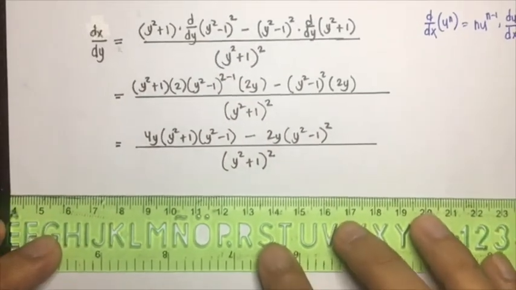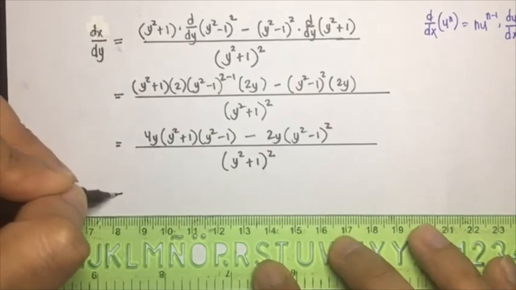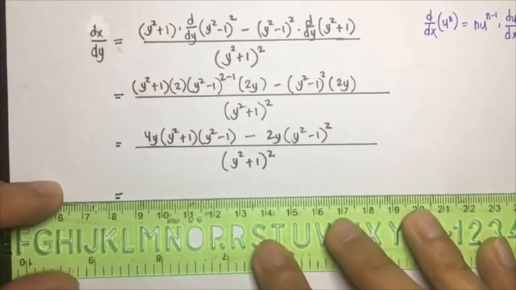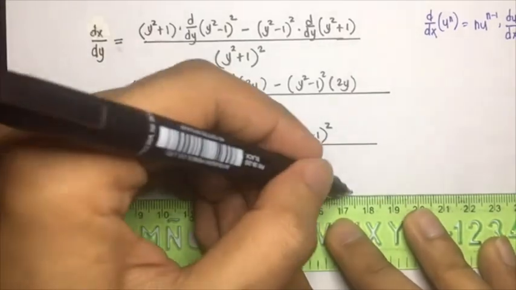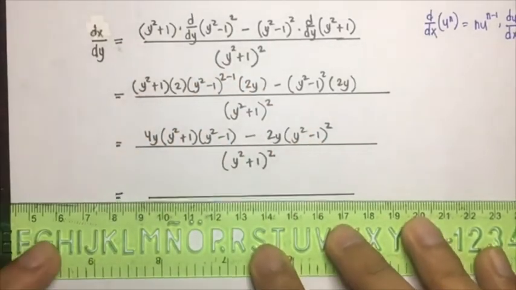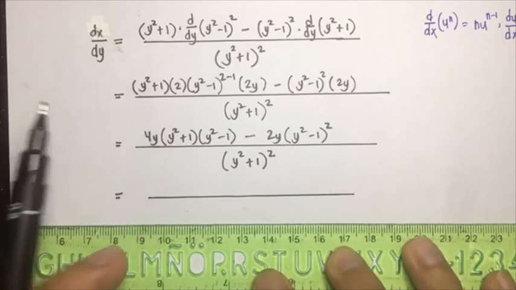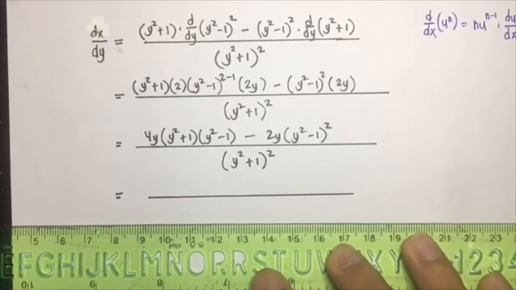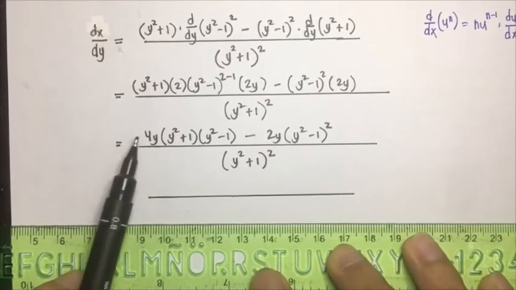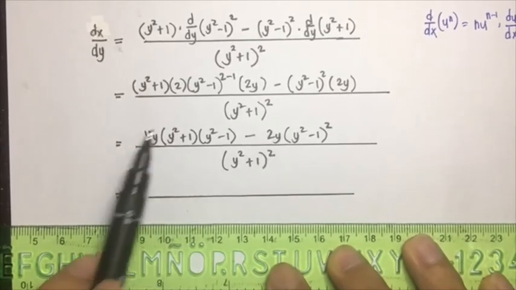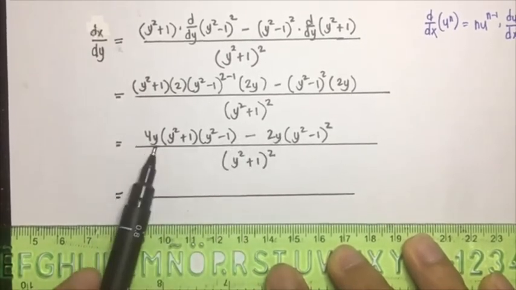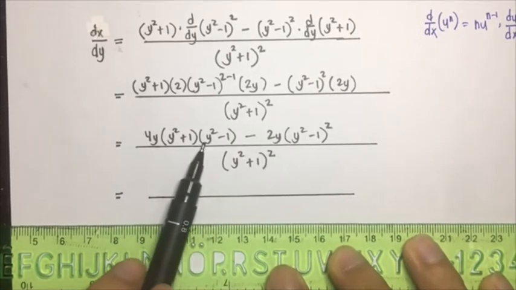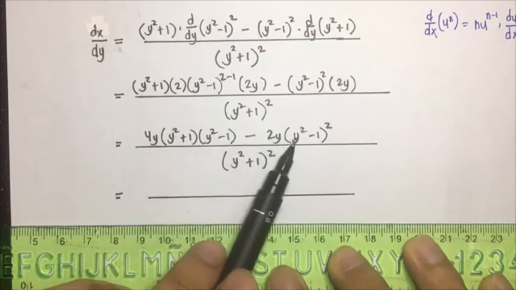Next we can factor the numerator. For the numerical coefficients, the greatest common factor is 2. We also have a common factor of y and a common factor of y squared minus 1.